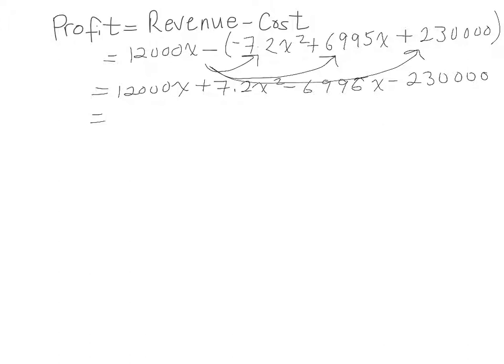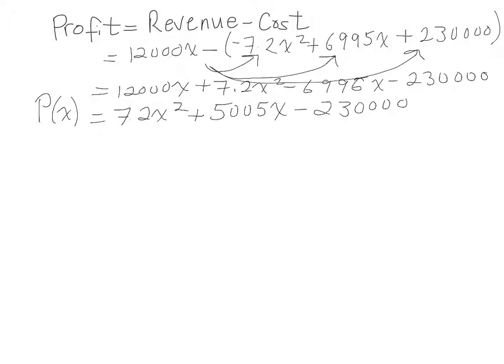And again, we're going to rearrange the terms from the highest degree to the lowest. So I'm going to have 7.2x squared here. Then I'm subtracting, so 12,000x minus 6,995x, which leaves me with positive 5,005x. And then I'm going to have minus 230,000. Okay, and that's going to be our profit function, and we're ready to go.